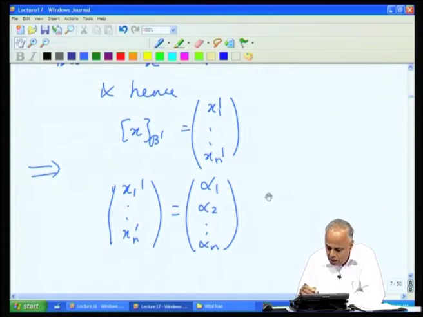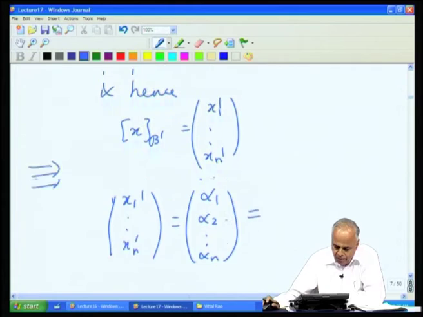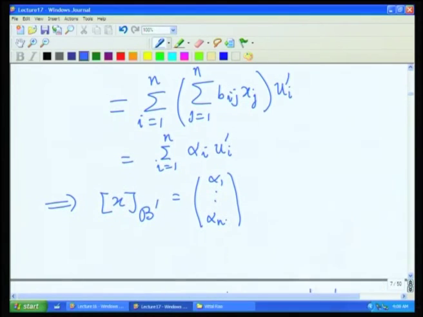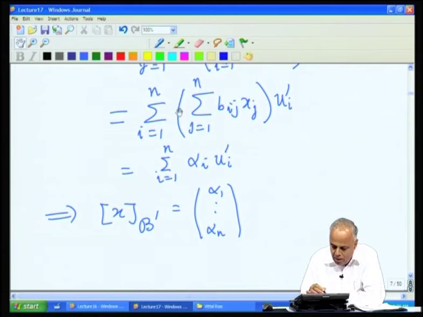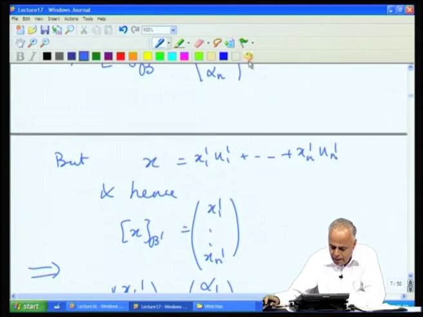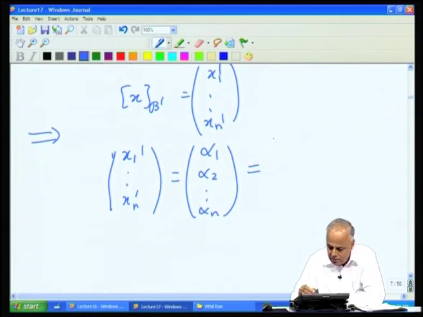But now, if we look at alpha 1, alpha 2, alpha 3, we called this entire sum alpha i, and therefore this is the same as the summation.